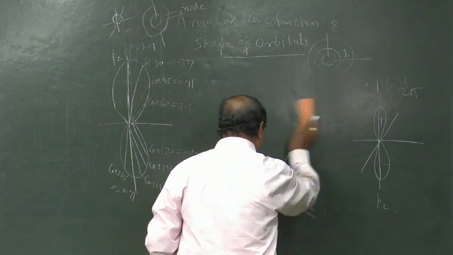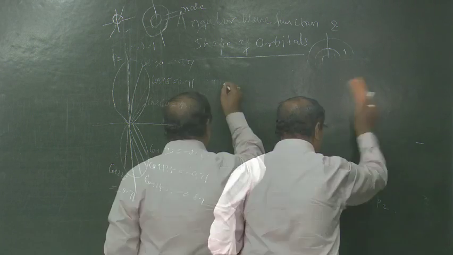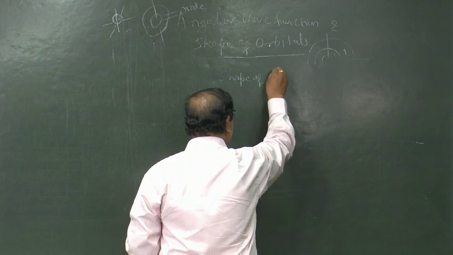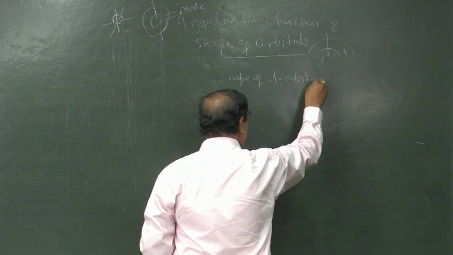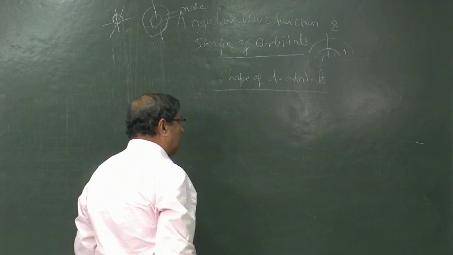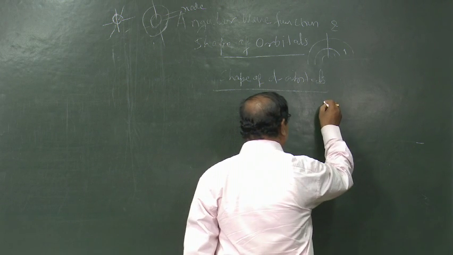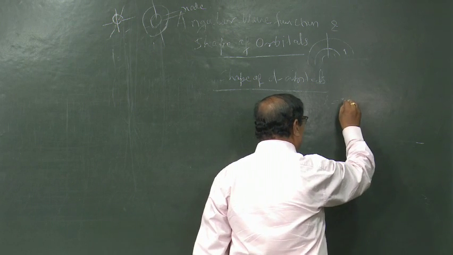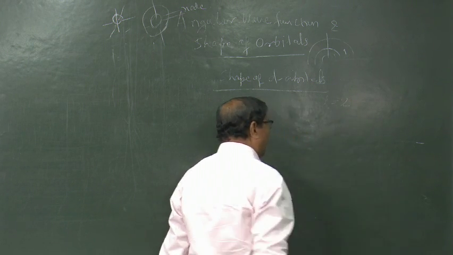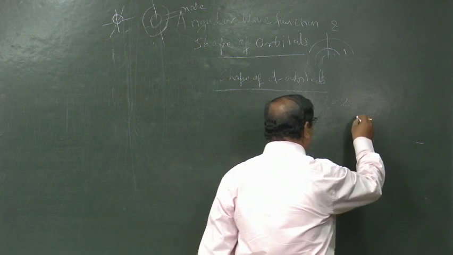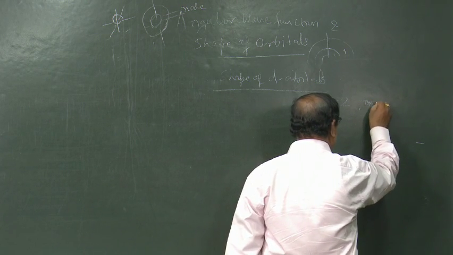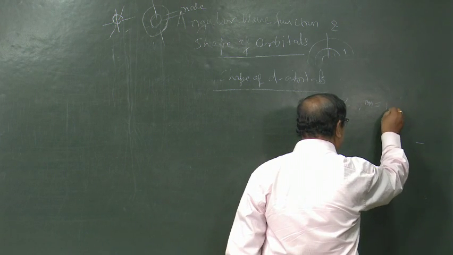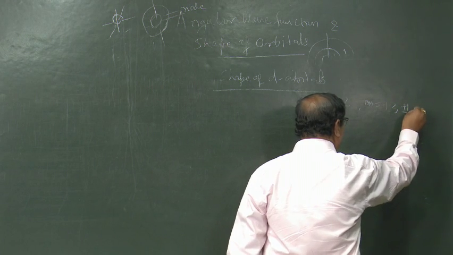Next, we come to the shape of the d orbitals. The d orbital similarly depends on the l or m value. l is equal to 2 for d orbitals, and m is equal to plus minus 2, plus minus 1 and 0.